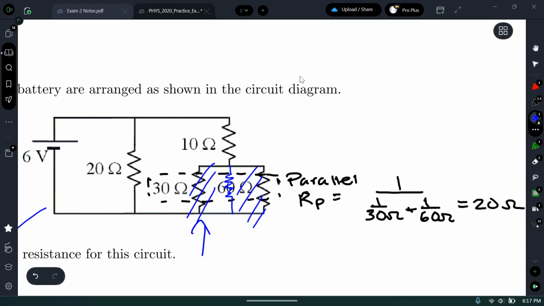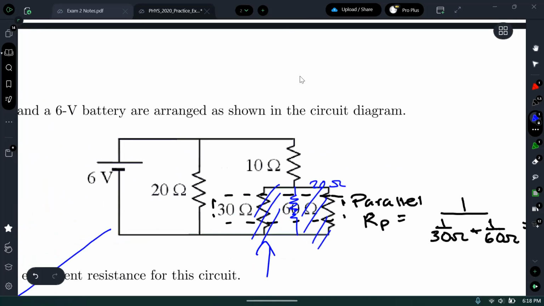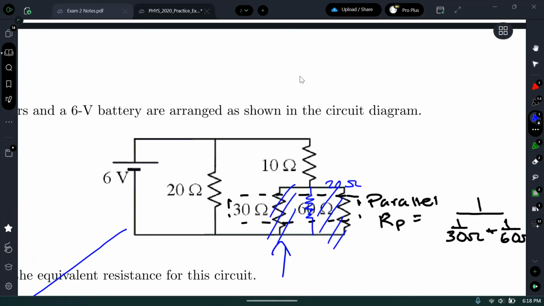So it's a 20 ohm resistor. But I see that now I've got that resistor in series with the 10 ohm resistor. Can the 20 and 10 ohm resistors have the same voltage across them? No, they're in series. They'll have the same current through them, but they don't necessarily have the same voltage.